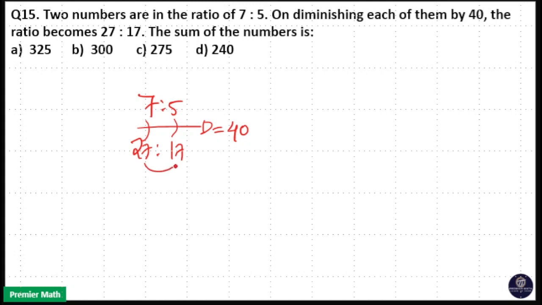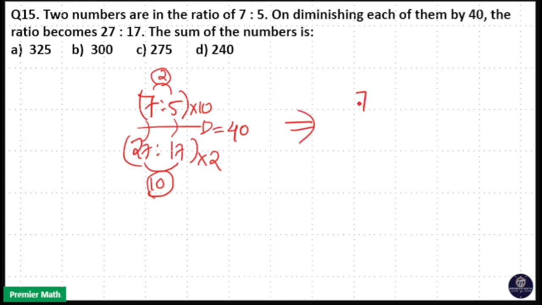To make it equal, take the difference between 27 and 17, that is 10, and multiply it with 7 is to 5. Then take the difference between 7 and 5, that is 2, and multiply it with 27 is to 17. That will become 7 into 10, 70, 5 into 10, 50, 27 into 2, 54, 17 into 2, 34.